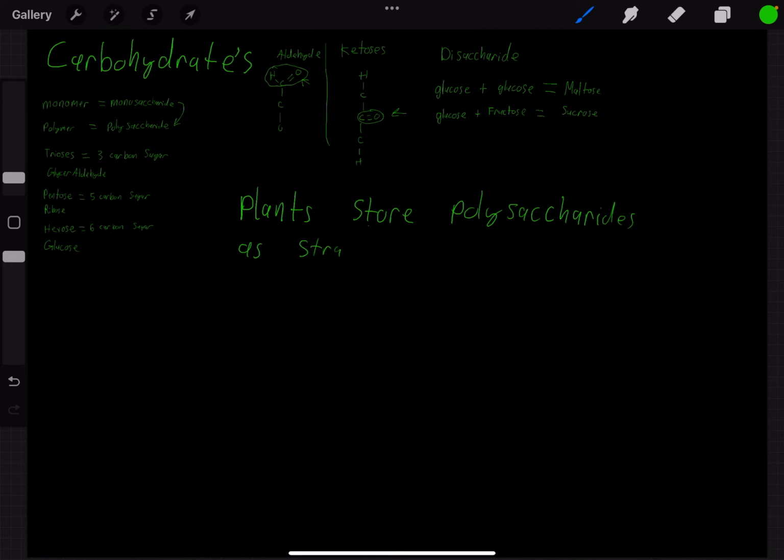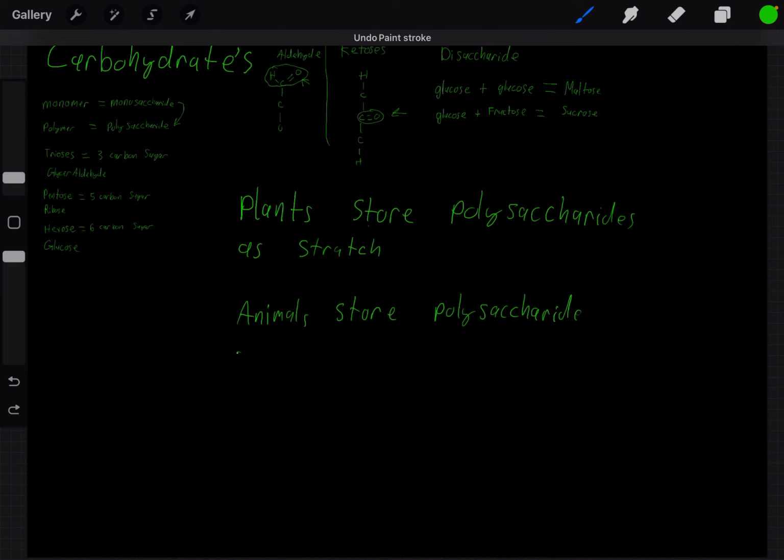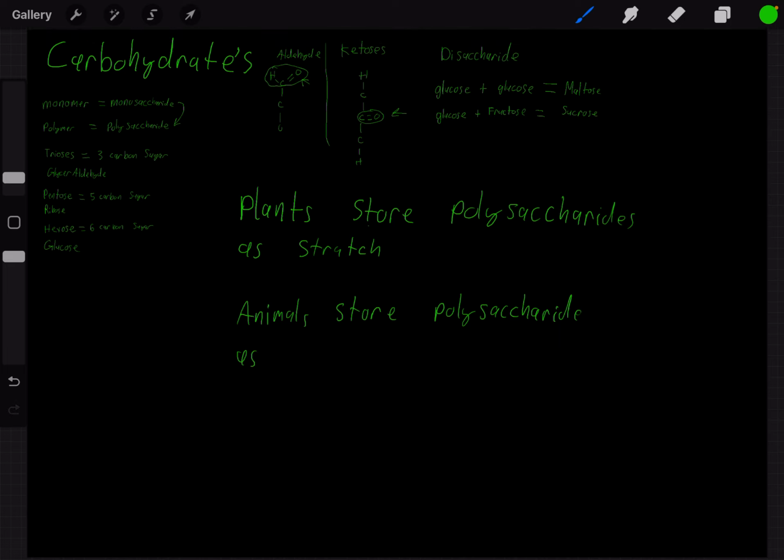That's really important to know. And animals store polysaccharides as glycogen.